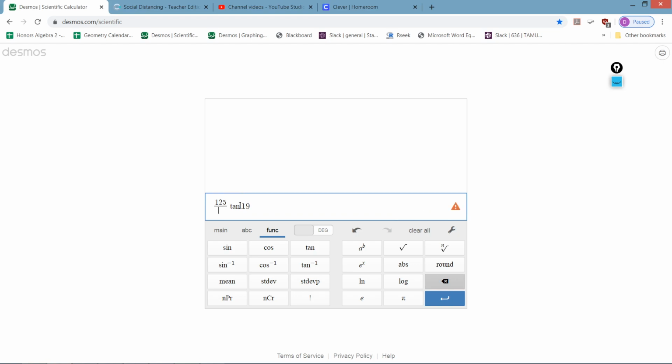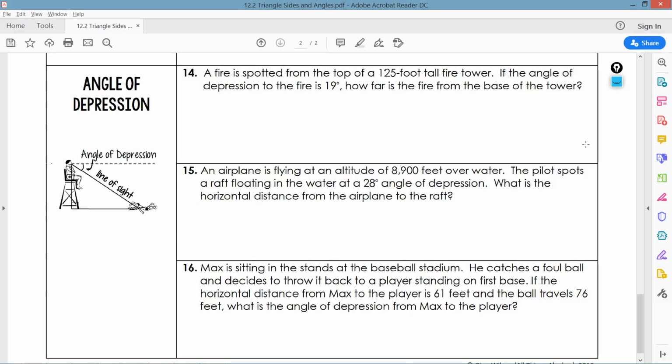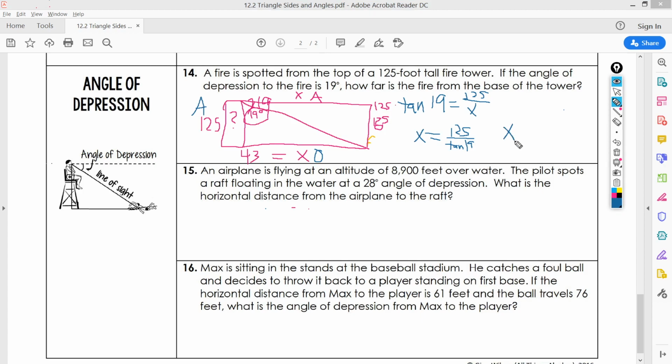Bam. Oh, dang it. What if I do bam? Nope. Okay, no bam. As Josh Sterner says, little bam. 363. It's a little different from 43, isn't it? So X equals 363 feet.